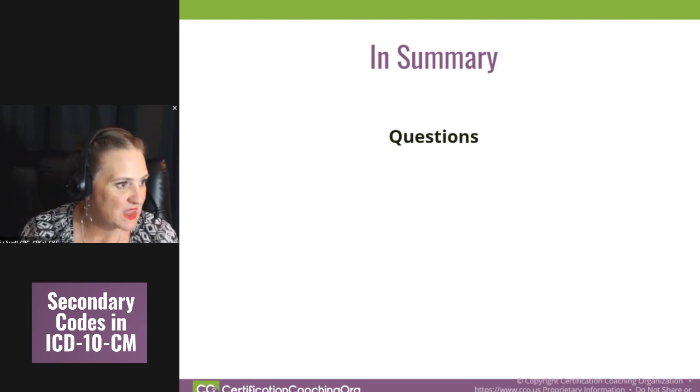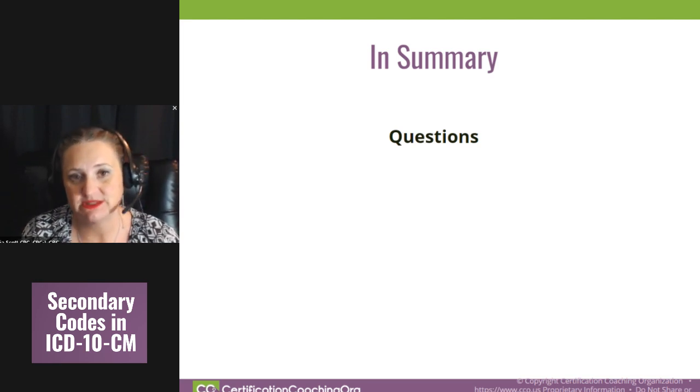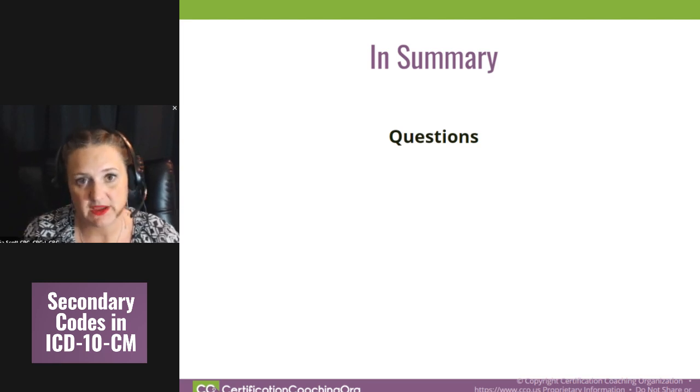Whitney says, what if it says the patient is overweight? Okay, you're talking about the BMI. Being overweight is not obesity. So in a situation like that, I would query the provider. And very seldom is the provider not going to use the word obesity, unless they're worried about the patient reading the chart.